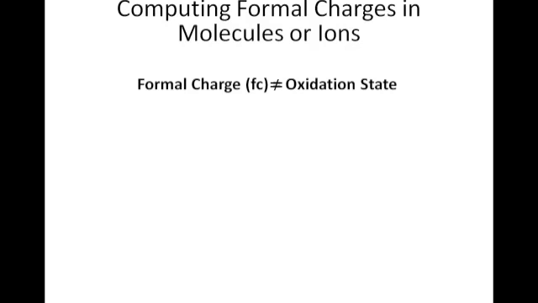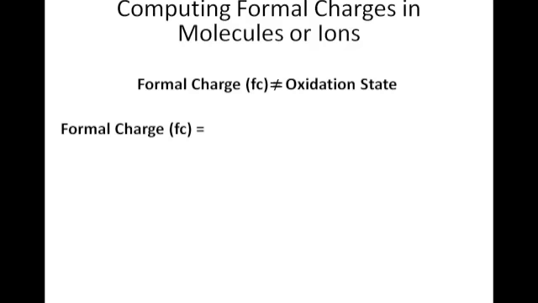Well, when you're calculating formal charge, when you have a pair of electrons shared between two atoms, you split that pair between the two atoms. So each atom of the two that make that bond is assigned one electron from the bond. Just a little bit different method of electron accounting.